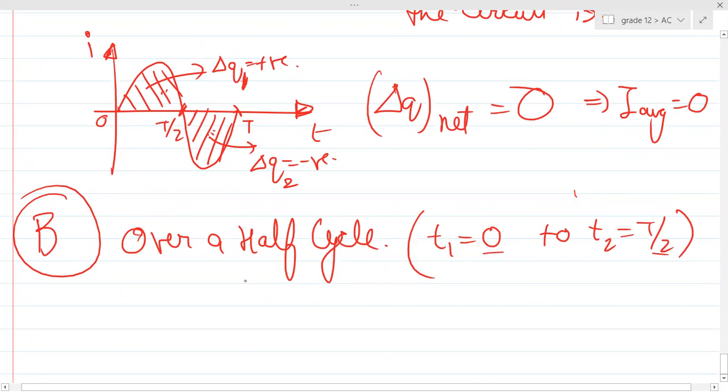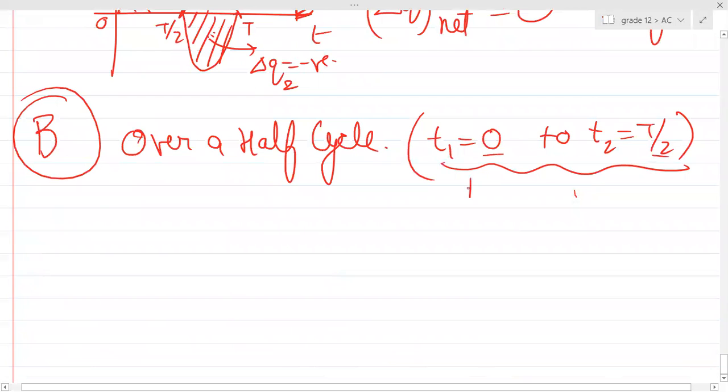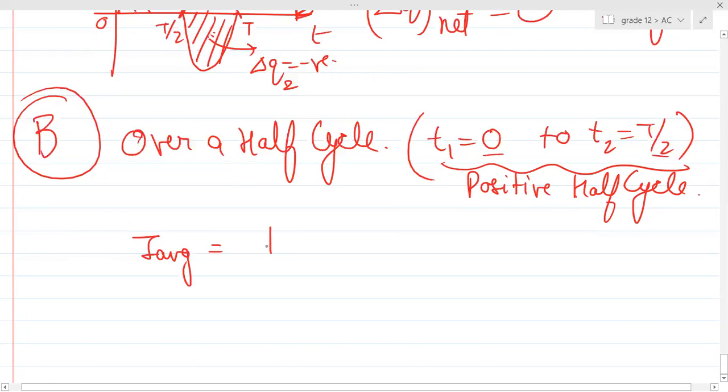So over this positive half cycle I'm talking about. The same thing, I average is equal to 1 by T/2 minus 0, from 0 to T/2 I naught sine omega t dt.